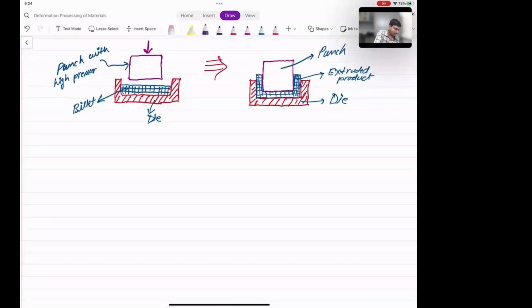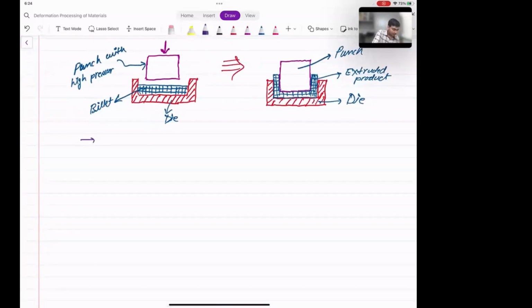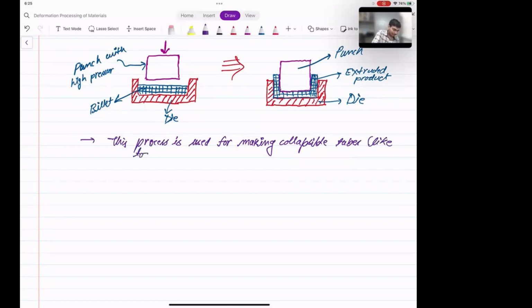So, as I mentioned, this process is used to make collapsible tubes, like toothpaste tubes, etc. Okay. So this was one of the special extrusion processes.